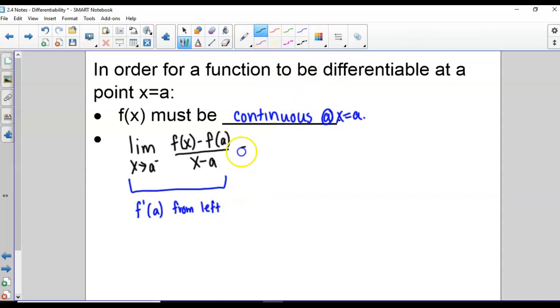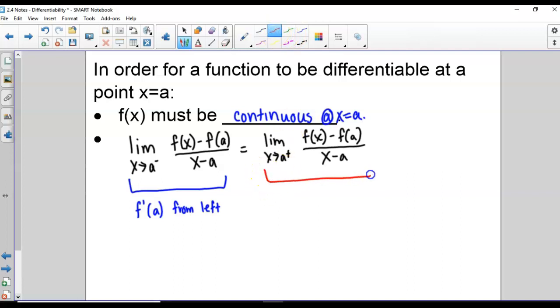That must equal the limit as x approaches a from the right of f of x minus f of a all over x minus a. And this would be the derivative at a from the right.